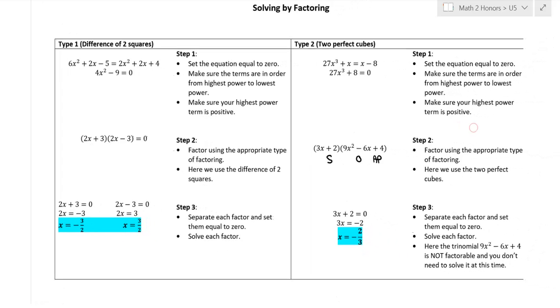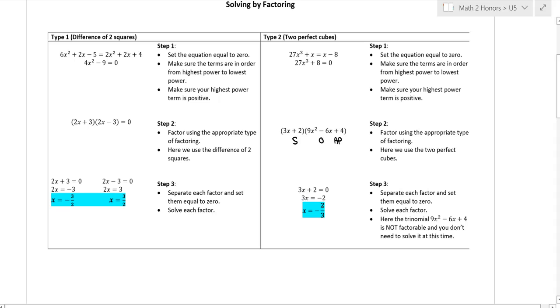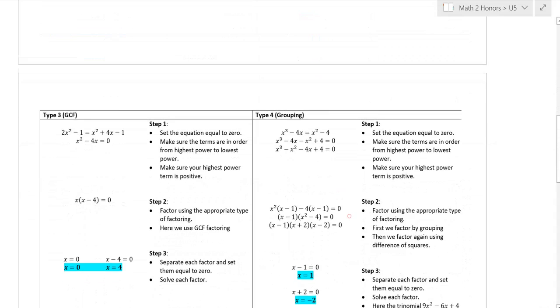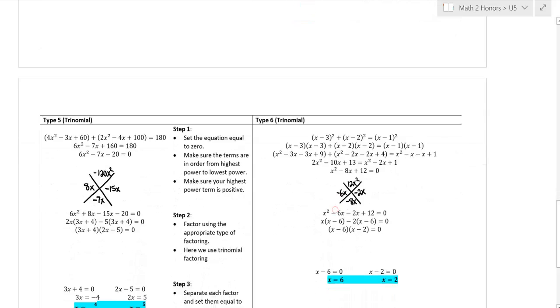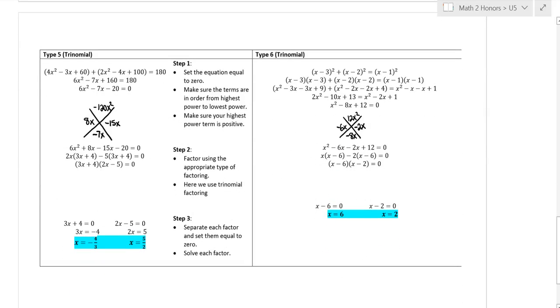I did that with the 2 perfect cubes as well, and then you keep going to the next page, we have one with type 3, which is with the GCF, type 4 with the grouping, type 5 and 6 are just two different examples of the same type of factoring, trinomial factoring.